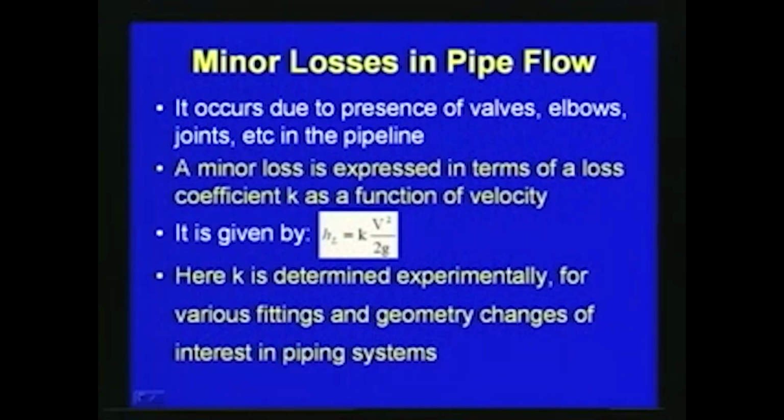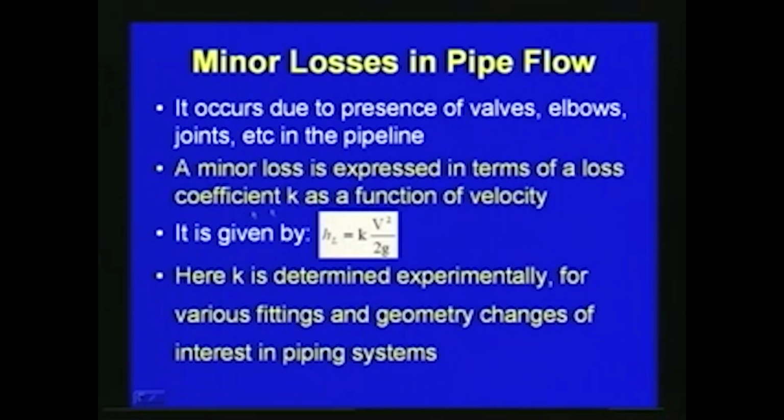As we discussed in the last lecture, minor losses occur due to the presence of valves, elbows, joints, or contraction, expansion, etc. in the pipeline. Generally a minor loss is expressed in terms of a loss coefficient K as a function of the velocity.